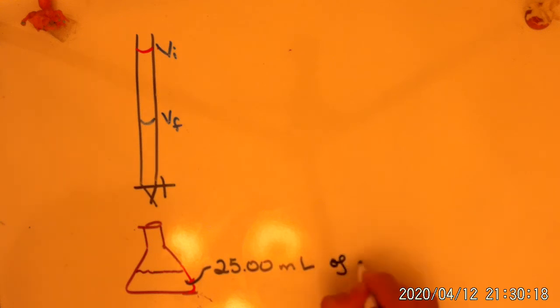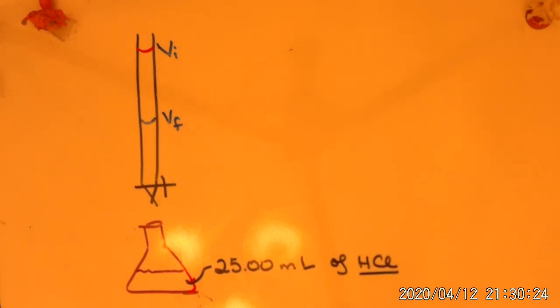And now, once you do that, you say, well, now what do I do? Well, you're going to have 25.00 milliliters. Don't forget, it means it's 4 significant figures of your unknown acid. And in this case, it's going to be HCl. Okay? And once you have your 25 milliliters of your unknown acid, the reason it's unknown is we don't know the concentration.